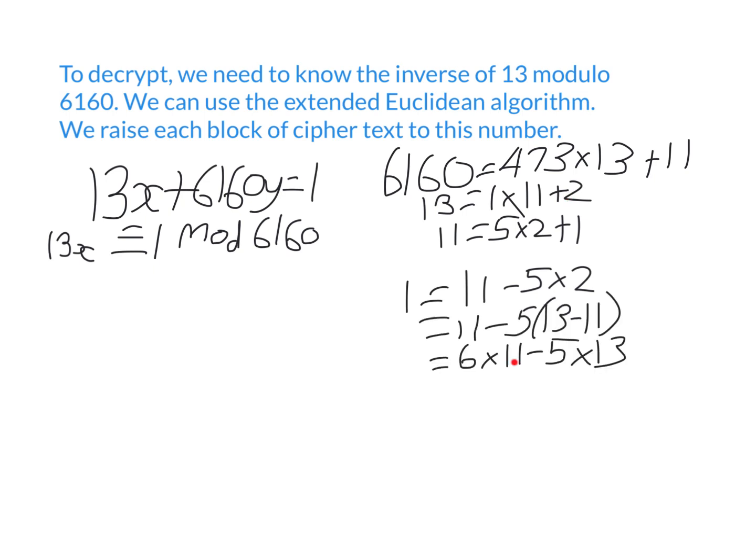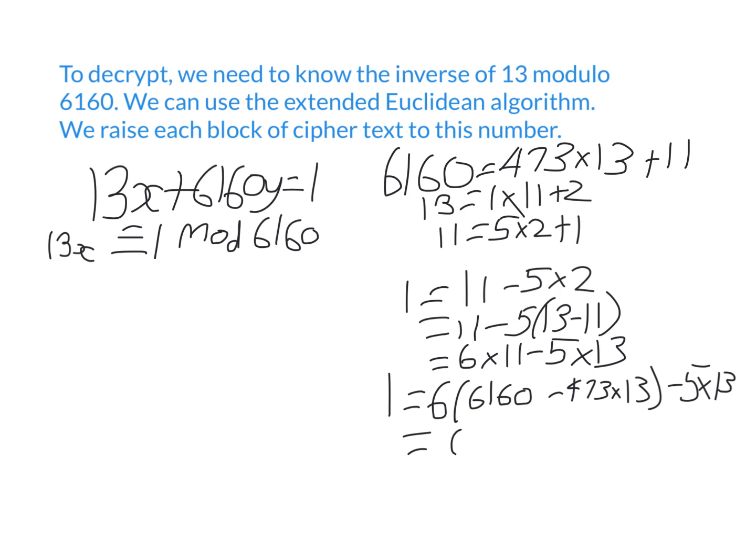And now I'm going to replace 11, because this line tells us that 11 is 6160 minus 473 times 13. Expanding these brackets, I get that 1 equals 6 times 6160 minus 2843 times 13.